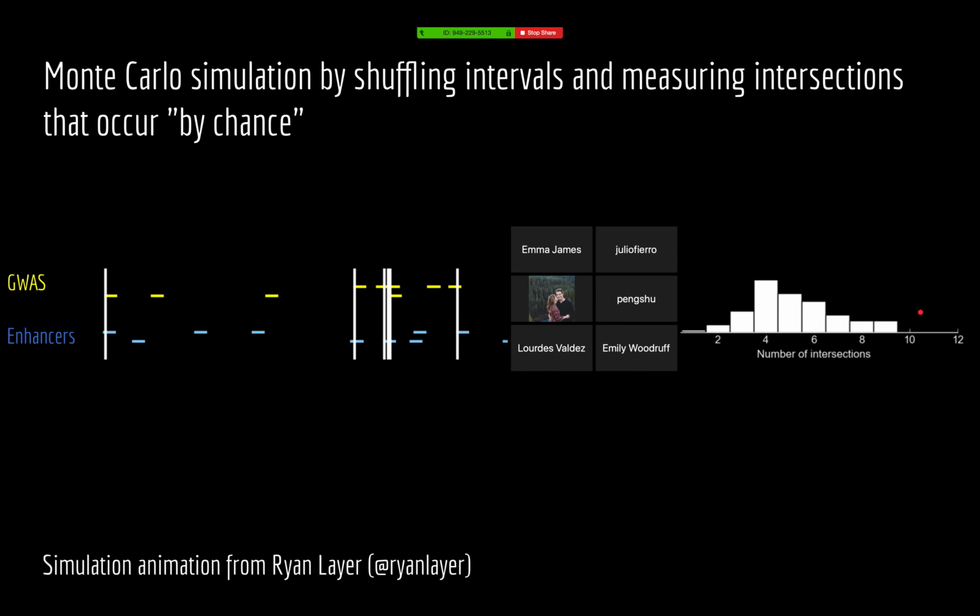The other thing you can do is, if this distribution is roughly normal, like a Gaussian distribution, you can use the properties of a normal distribution to ask how many standard deviations your observation is from the mean of that distribution, once you calculate the mean and standard deviation. There's standard methods for doing that.